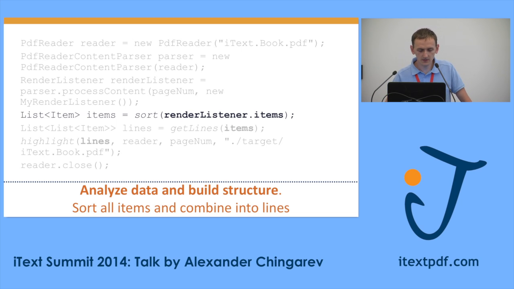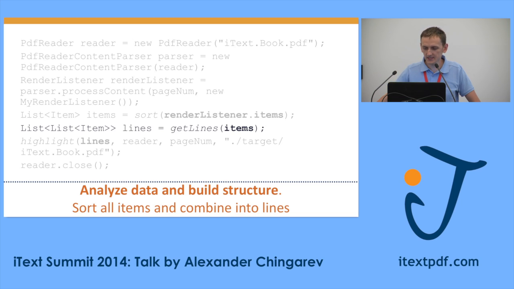The method sort takes a list of parsed items and returns a list of sorted items. I'm not providing a listing of the sort method here, but it looks very simple because all the items have their rectangles, and we just sort them from left to right, from top to bottom.